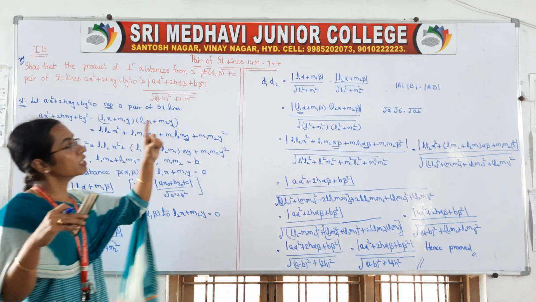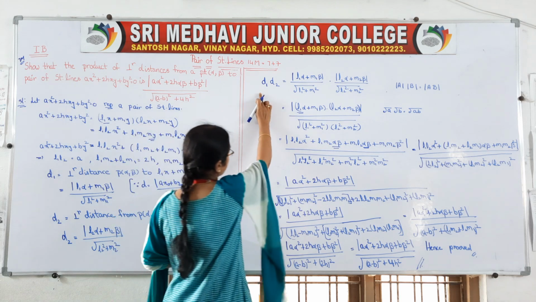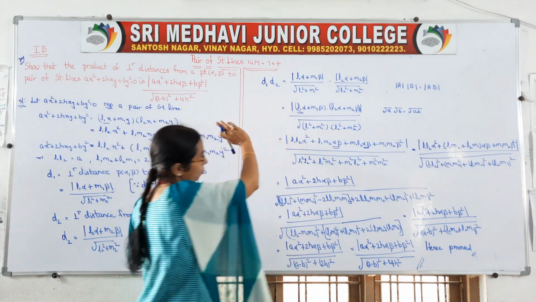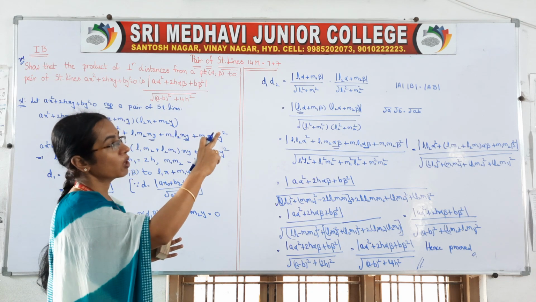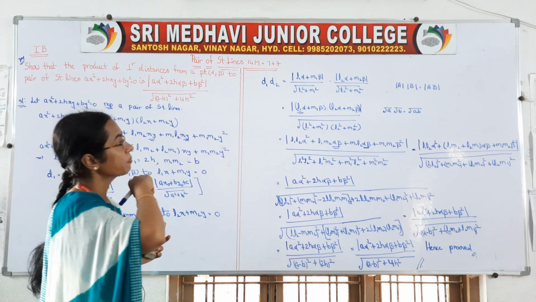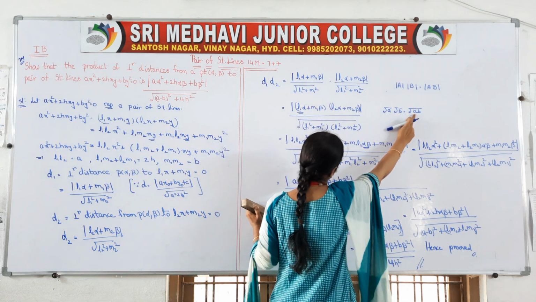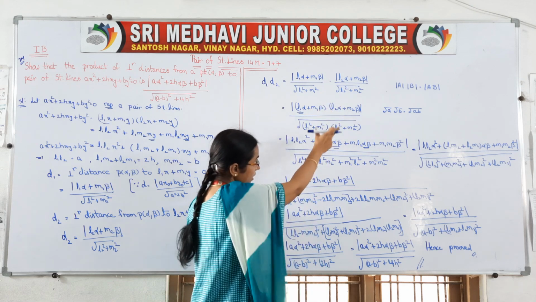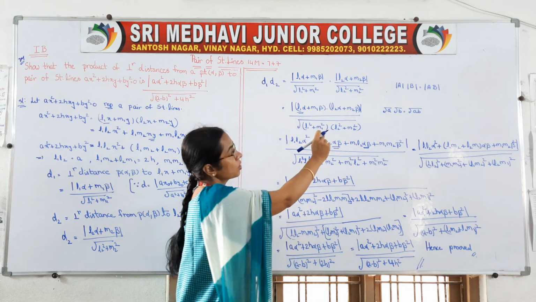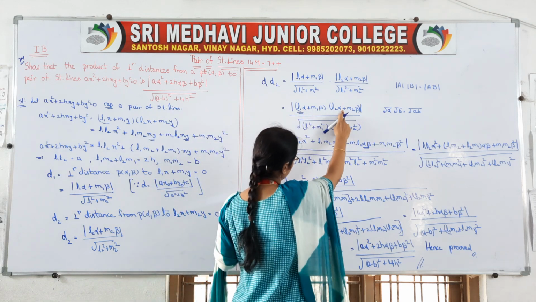Next you take the product of these perpendicular distances, D1 into D2. Product means multiplication, and mod A into mod B is mod AB. Similarly downwards, root a into root b can be taken as root of a into b. Upwards, downwards, it is root of a into b. Now we multiplied this into this.